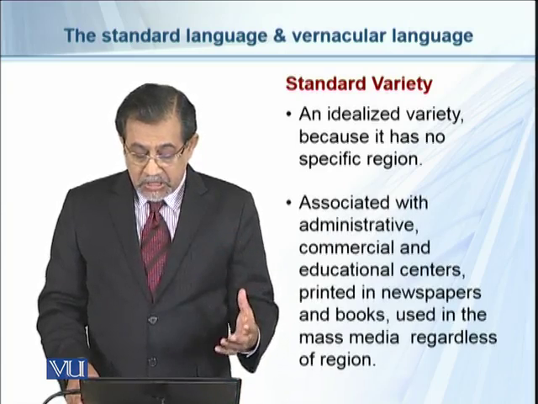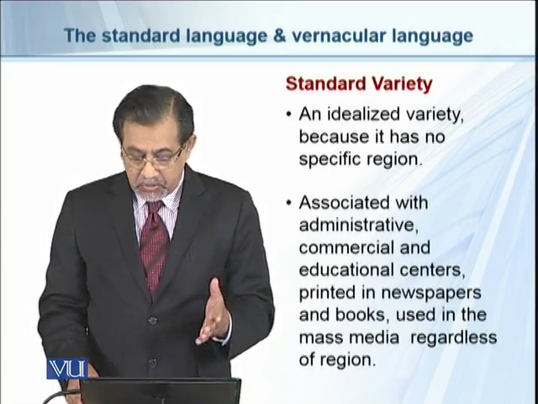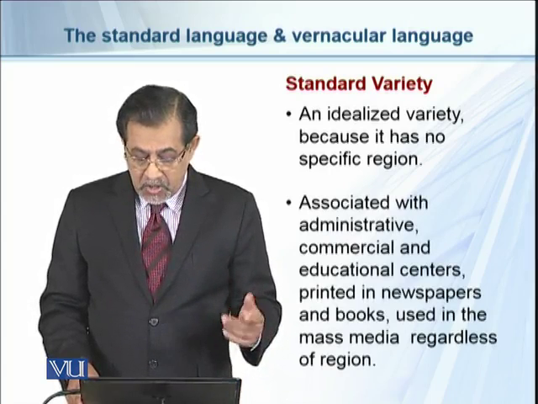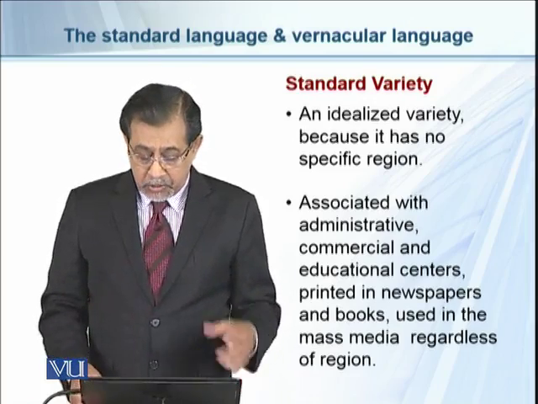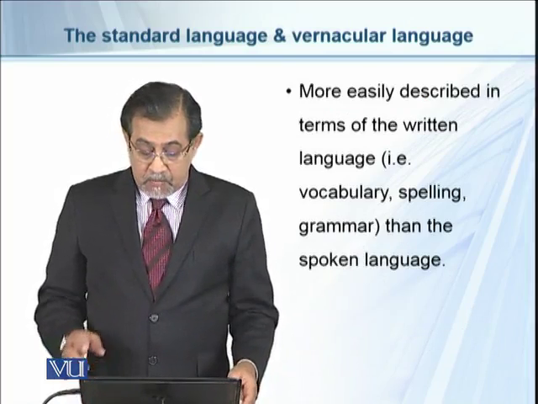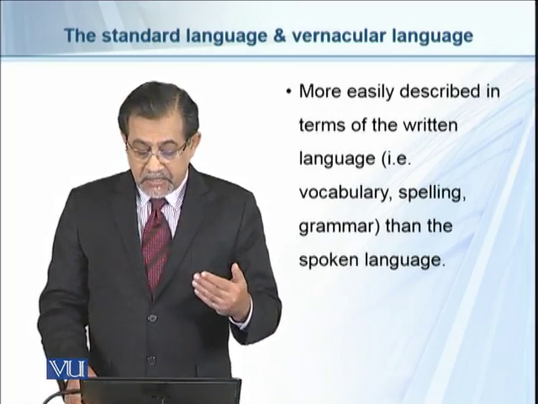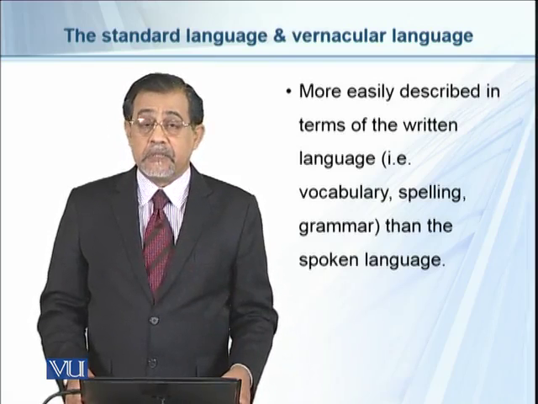Associated with administrative, commercial and educational centers, printed in newspapers and books, used in the mass media regardless of region. As I said, it is used with politics, administration, education, newspapers, books, etc. More easily described in terms of the written language, vocabulary, spelling, grammar than the spoken language.